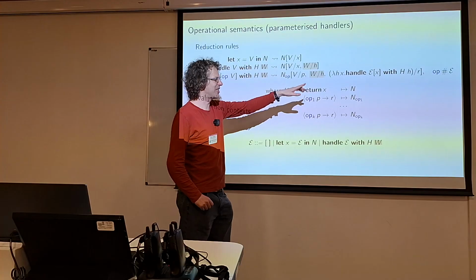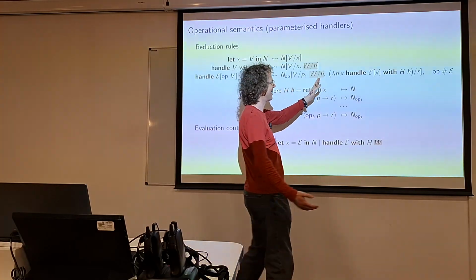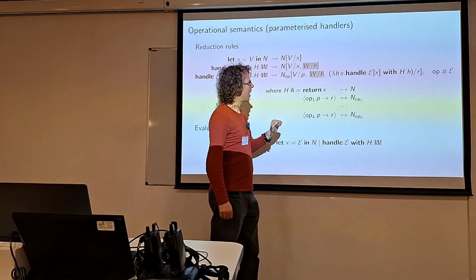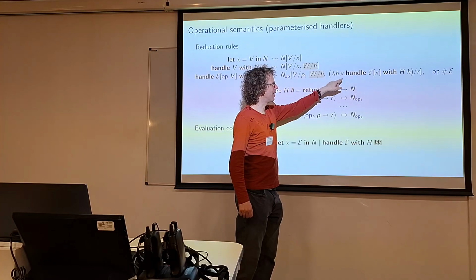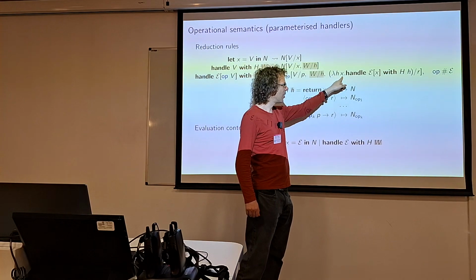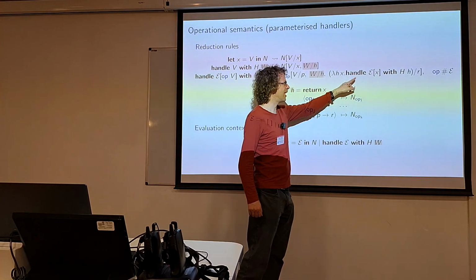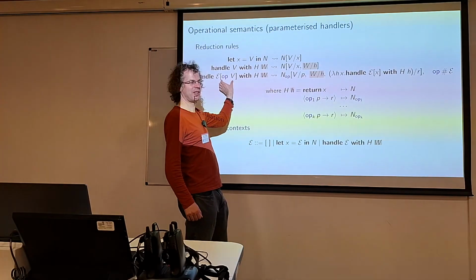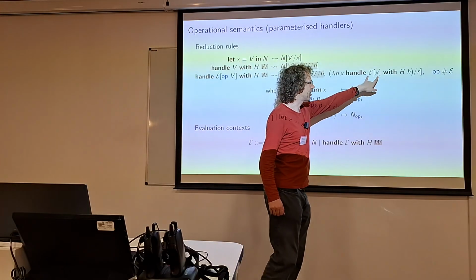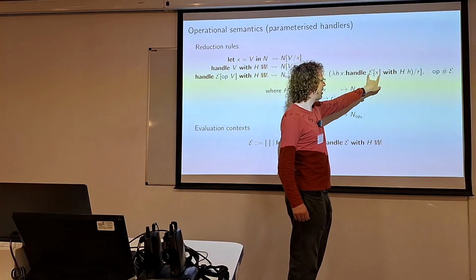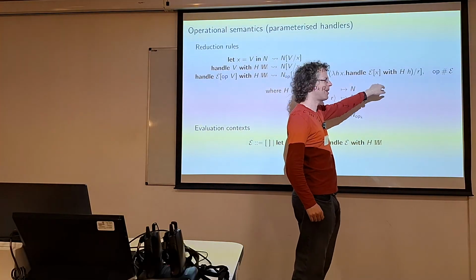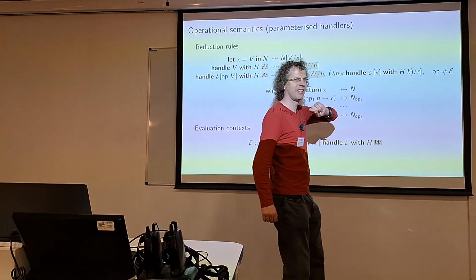And we need to generate this resumption, and I guess that's the most important part. The resumption is a lambda, which is going to allow us to update H to a new parameter, also take the value that we want to substitute into our evaluation context, and it just continues evaluating the evaluation context, but after rewrapping the handler around it, the same handler with the new parameter.